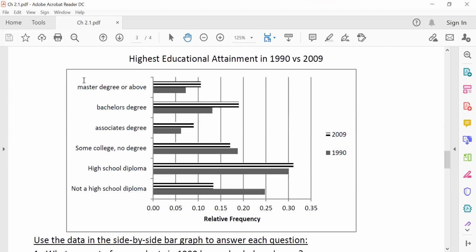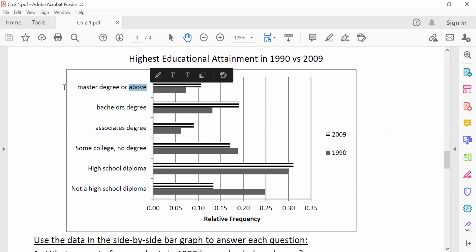So here, if we're looking at this chart, highest educational attainment in 1990 versus 2009, the data itself is actually this. You're basically going around and asking a person what is your highest educational attainment?